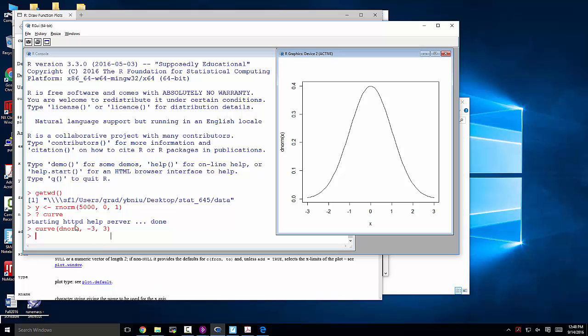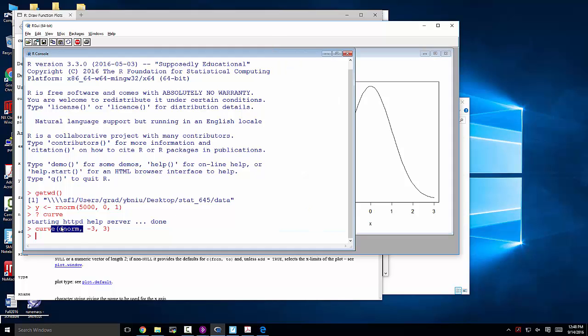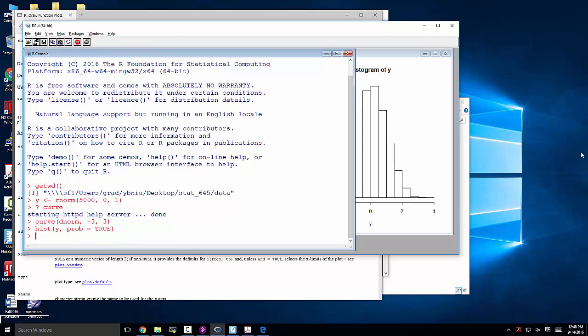So suppose we didn't know the analytical form of that. Instead, what we did was just simulate or draw a bunch of realizations from it. So now if I draw a histogram, I'm going to make it relative frequencies instead of just frequencies.